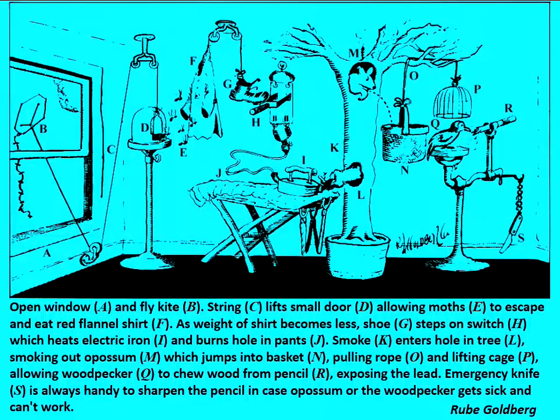And if the woodpecker's not well, then there's a little knife there, an emergency standby. So the idea behind this is we've got causes, effects and consequences chained all the way through from start to finish, and the end result is we sharpen a pencil.